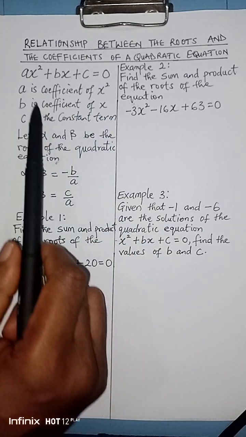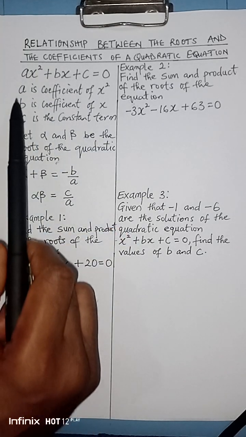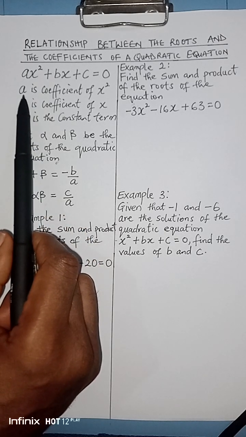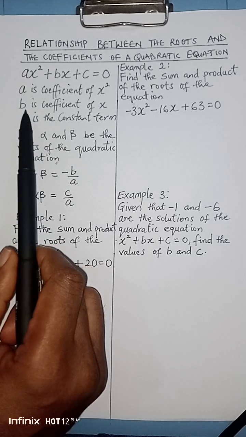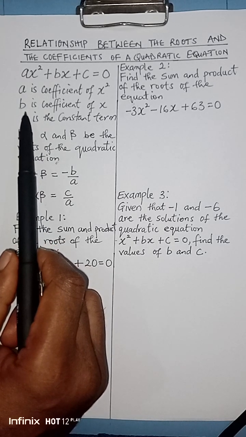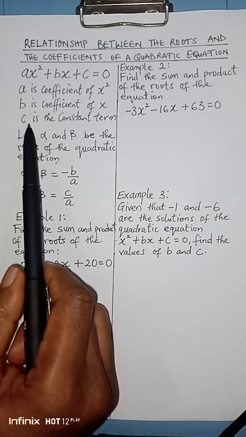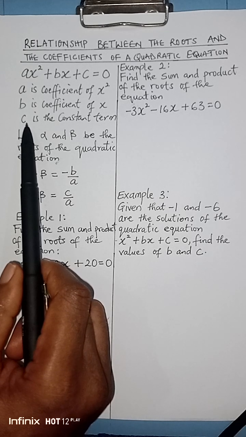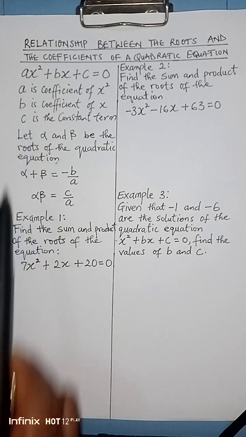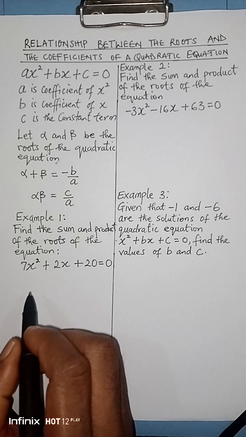And we established that a is the coefficient of x squared, which means whatever coefficient x squared is having is the value for a. While b is the coefficient of x, which means whatever coefficient of x the equation is having is the value for b. And c is a constant term, which means whatever constant is there in the quadratic equation is the value for c. That is what we'll have here in this example question.